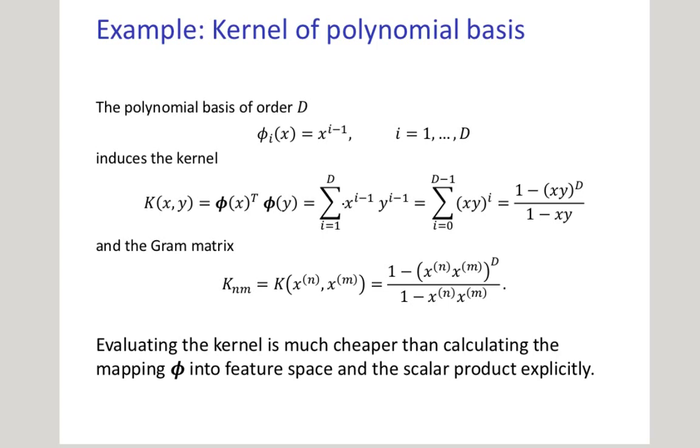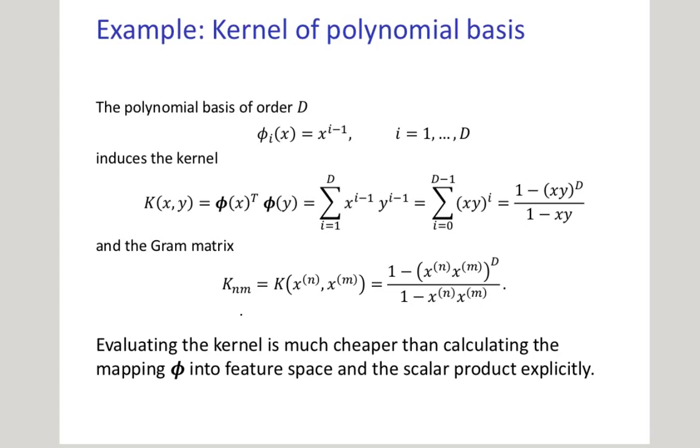Now, this is a geometric series, and by applying the geometric summation formula from calculus, we can see that we can calculate the value of the kernel without actually evaluating the sum. Thus, even for large values of d, the calculation remains feasible, while explicitly calculating the features would require too much time and memory.